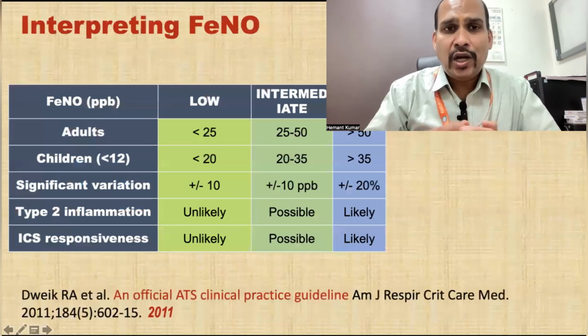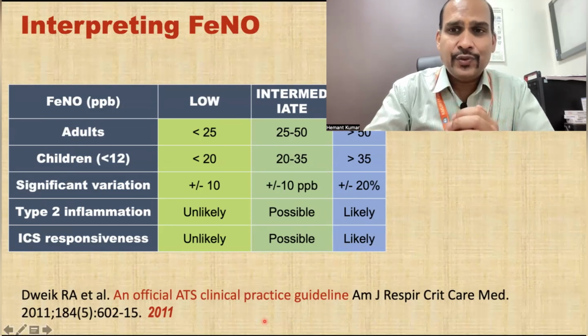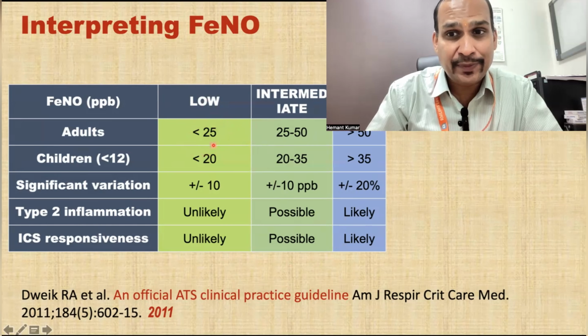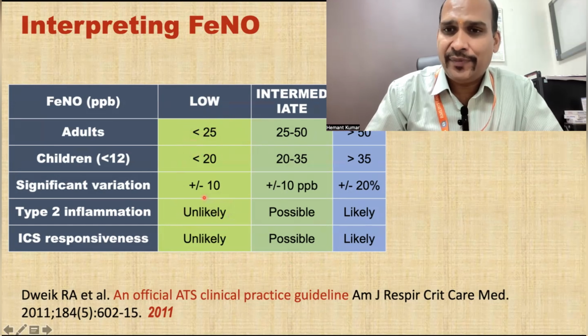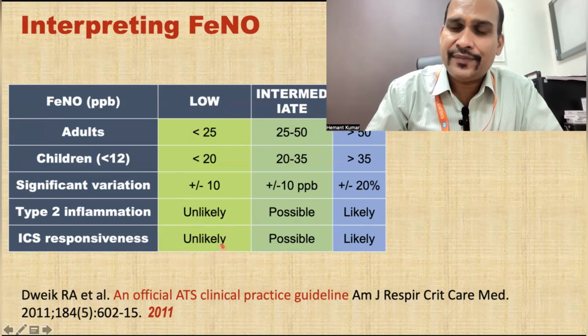So how to interpret it? If an individual has FeNO less than 25 parts per billion, then we can rule out type 2 inflammation. This means type 2 inflammation is unlikely, and ICS responsiveness is also unlikely.